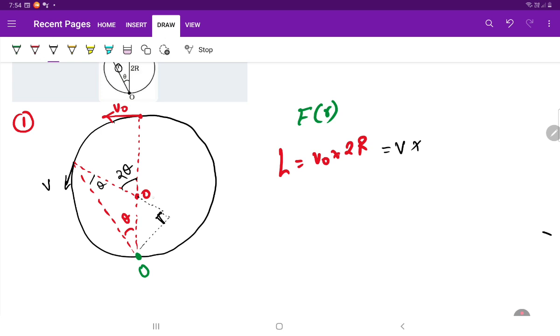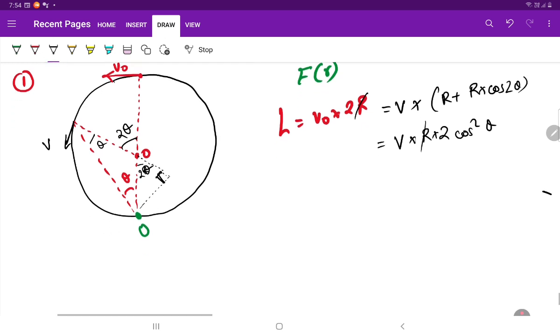So I can say this to be capital R into capital R plus capital R into cos 2 theta. So I can say it to be v into R into 2 cos square theta. Now cancelling R and the 2, we get v is equal to v naught by cos square theta.